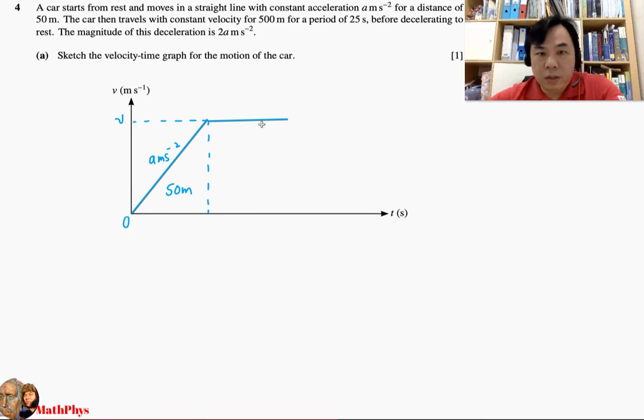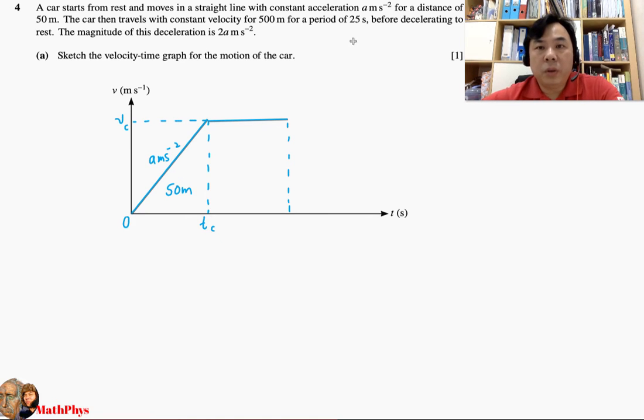So roughly that is 25 seconds, and then I'm going to mark it down here. Let's assume that this is tc, with velocity vc. This is tc then.